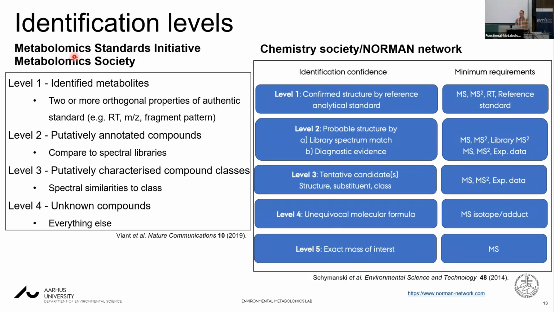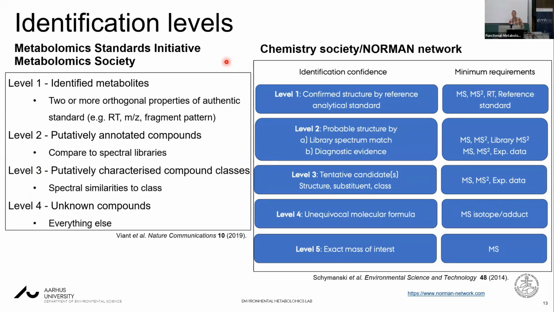And then just to talk about the ID levels, we are also going to talk about that later. But within the Environmental Chemistry Society, there are 5 levels of identification. And it's the same within the Metabolomics Society, there are 4. They follow each other more or less.